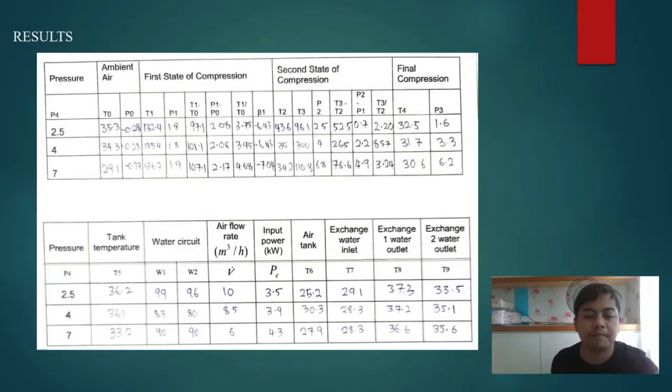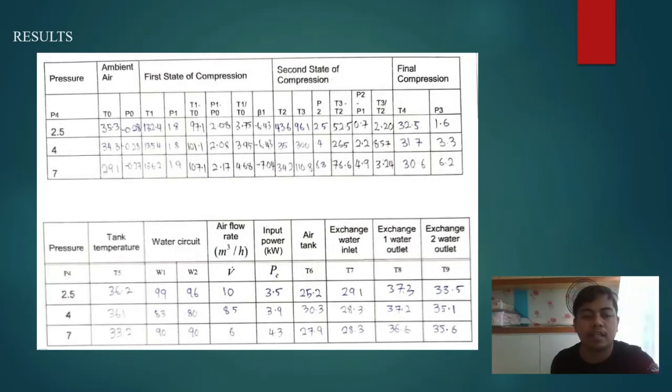Then the air will be compressed and the temperature of the air will increase to 132.4 degrees Celsius, which is T1. Then the air will go through heat exchanger 1 to decrease the temperature. And then at the second stage of the air compressor, the temperature is decreased to 43.6 degrees Celsius, which is T2.